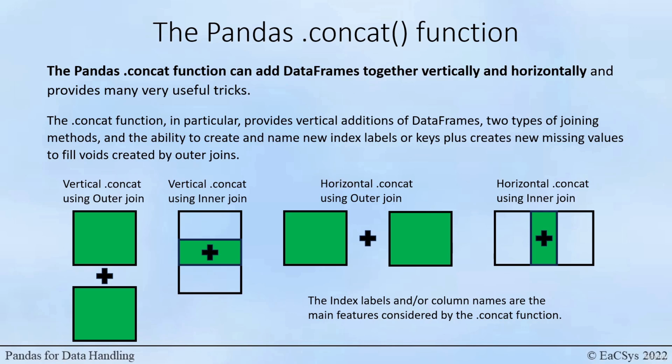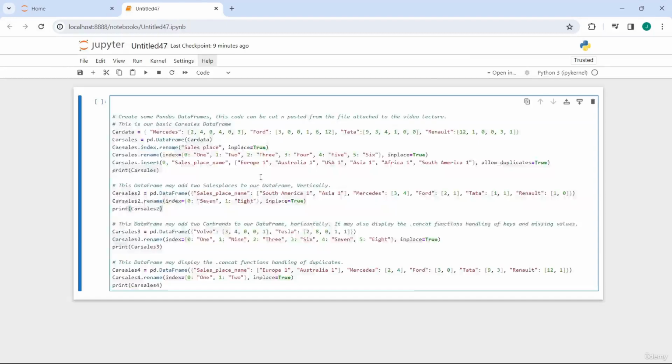And now it is time to type some code, so start up your code editors. Alright, having started our Jupyter Labs notebooks, we are now going to type some concat function code.